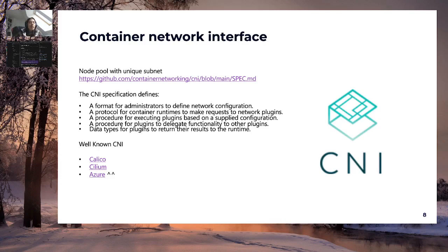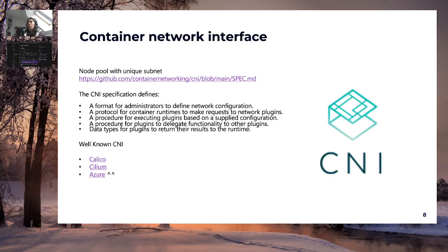So, for instance, it gives a format for administrators to define network configuration, a protocol for container runtime to make requests to network plugins, or a procedure for executing plugins based on supplied configuration, or stuff like that.